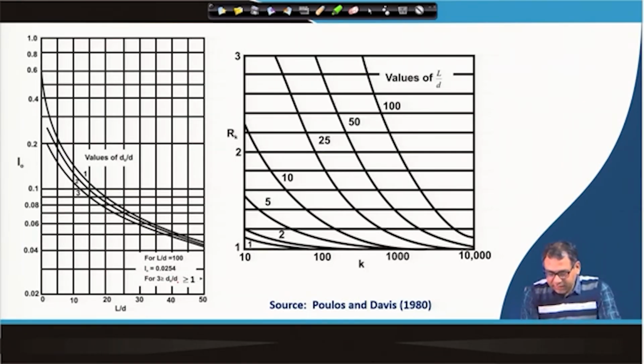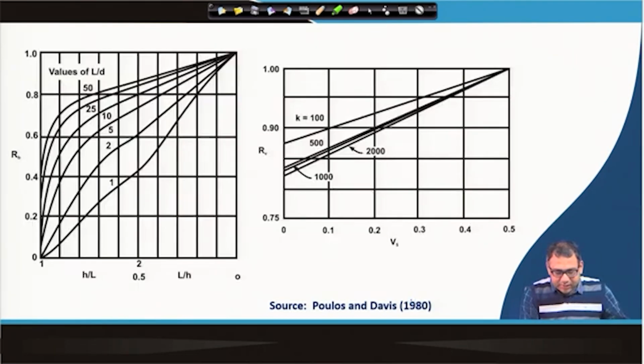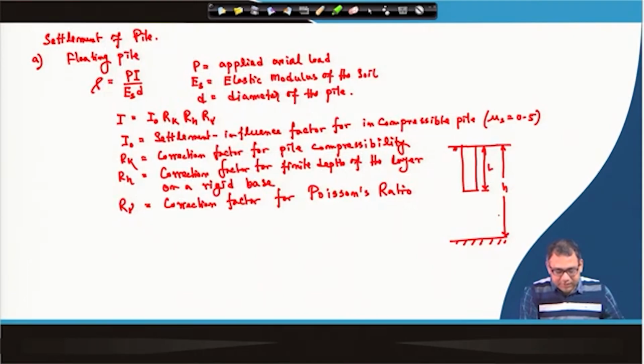Then for the correction factors, this is the R K chart for different L by D and K value. This is the R h chart for different h by L values, and this is the chart for mu s, the Poisson ratio of the soil, for different Poisson ratios from 0.5 to 1 and different K values. We will get these correction factors from these charts.